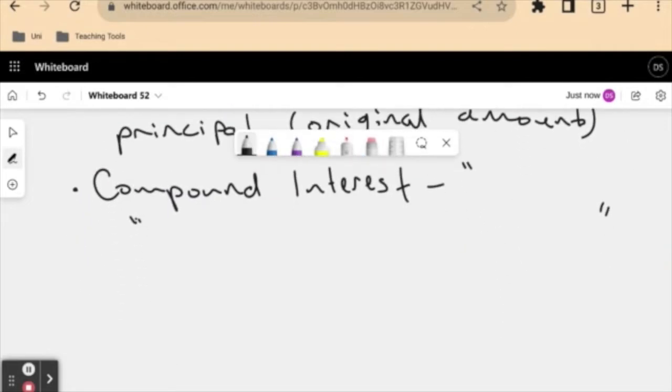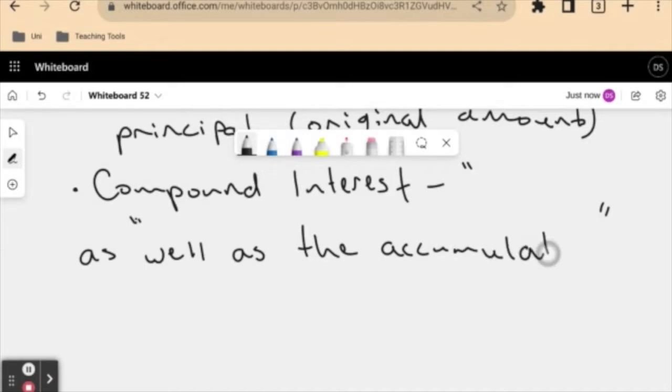But the interest is calculated on that as well as the accumulated interest. Accumulated, we just mean the interest that's been gained. Accumulated interest of previous years.